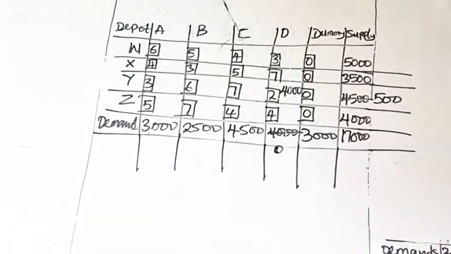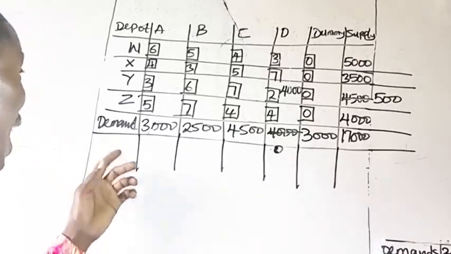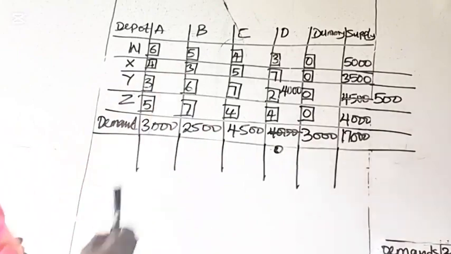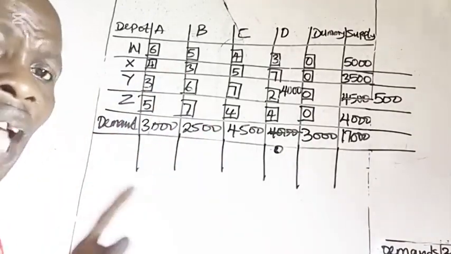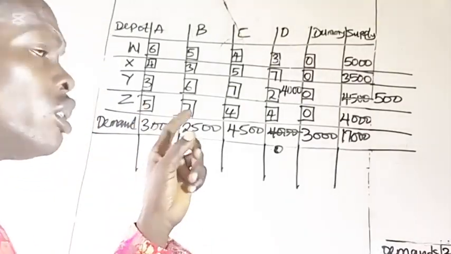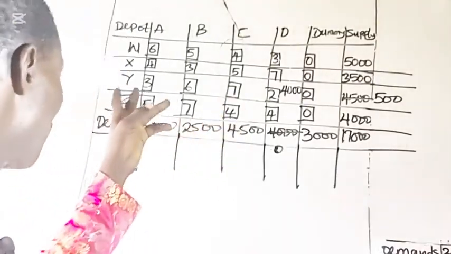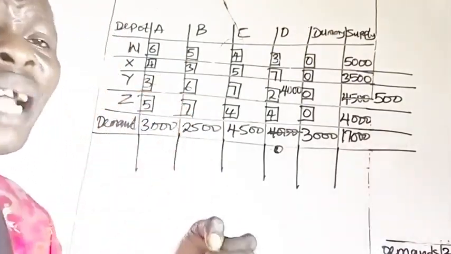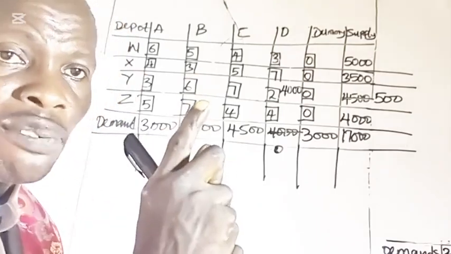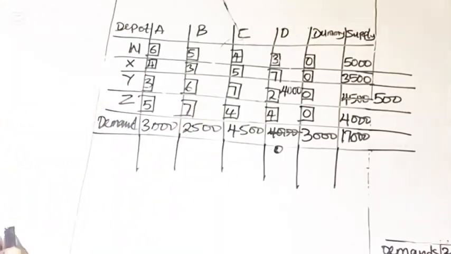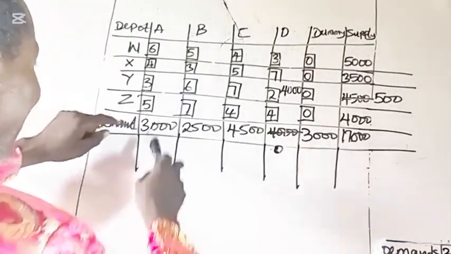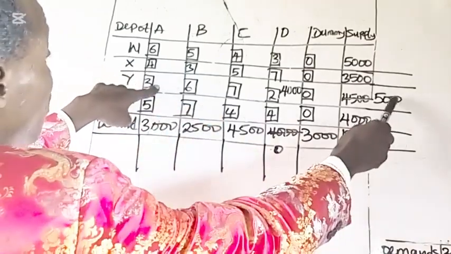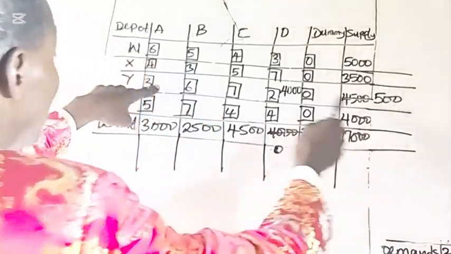So the 3s that you have to choose from now are this and this. So how do you decide which one to consider from those two? You consider the one that will take the maximum allocation first. Which one will take the maximum allocation? If you want to allocate here, you are left with only 500 for further allocation here.